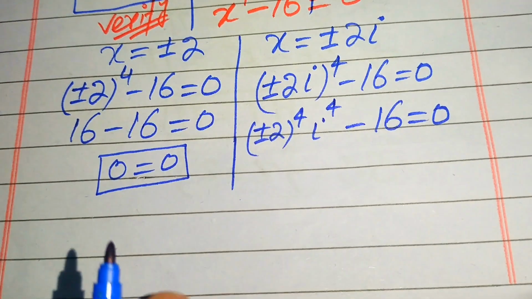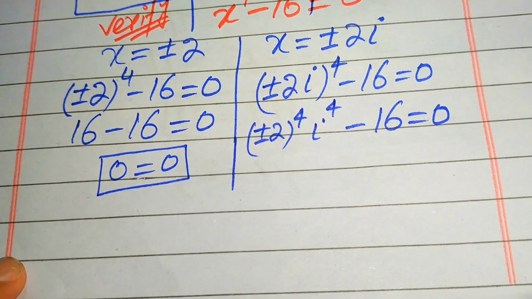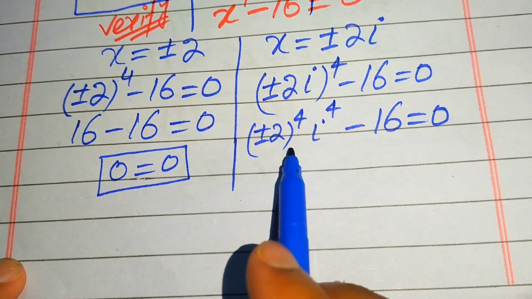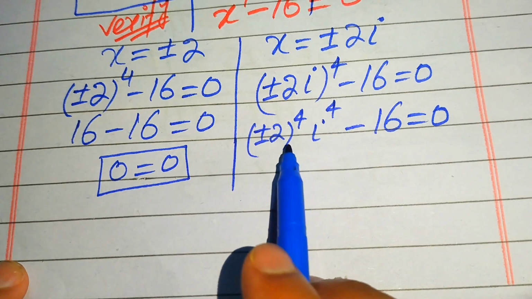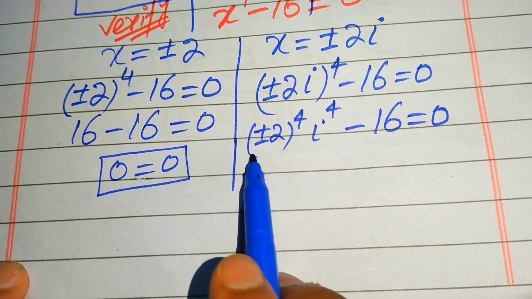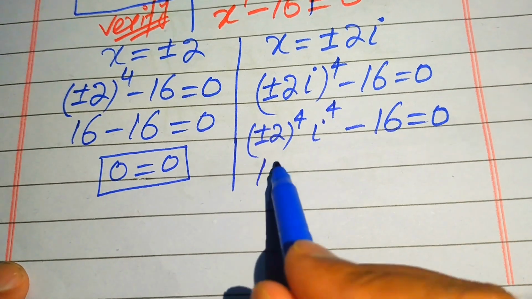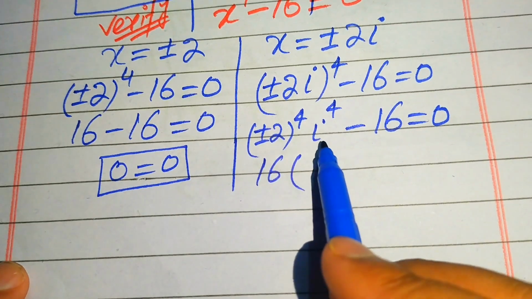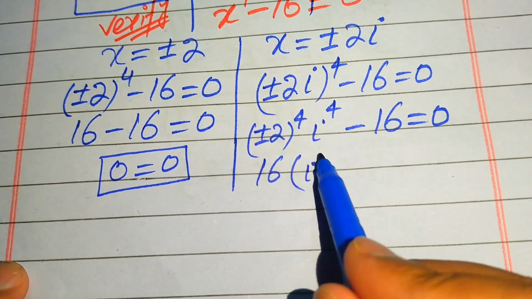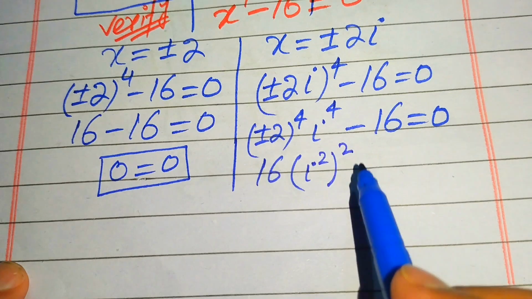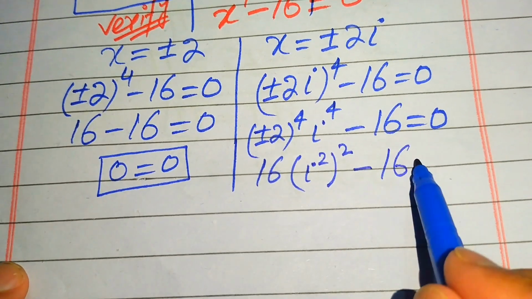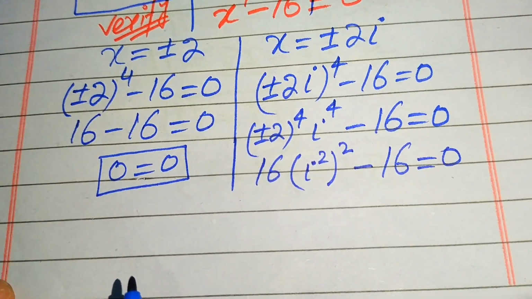So here further we know that the exponent is an even number, so plus minus becomes plus, and 2 to the power of 4 becomes 16, into iota to the power of 4, and we write it as (iota square) whole square, minus 16 is equal to 0.